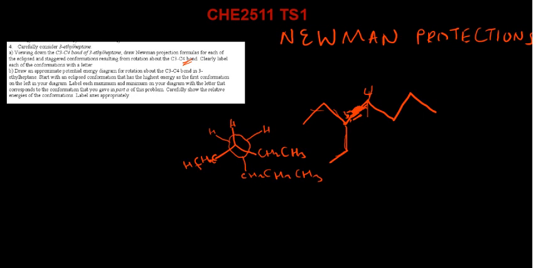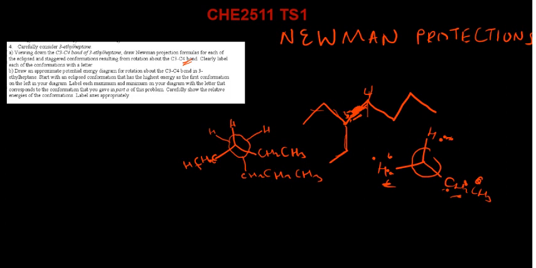This is a Newman projection formula, and I like maintaining my front part. In most textbooks you find that they rotate the front part, meaning this group comes here, and this group comes here, and that's one rotation.